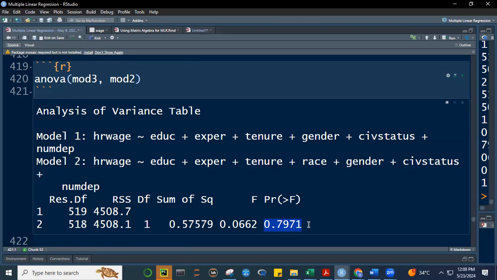Race is equal to 0, or the restricted model is better. Since we cannot reject that hypothesis, we fail to reject the null hypothesis that beta race is equal to 0. Indeed, statistically, beta race is equal to 0. Therefore, the restricted model, the one without race, prevails.